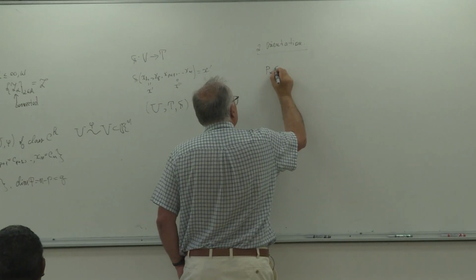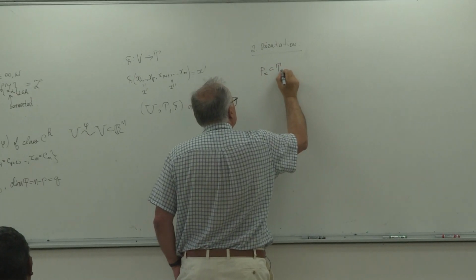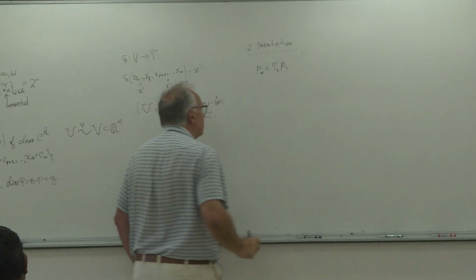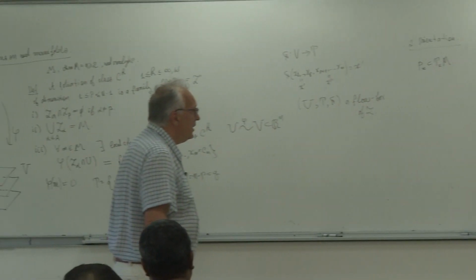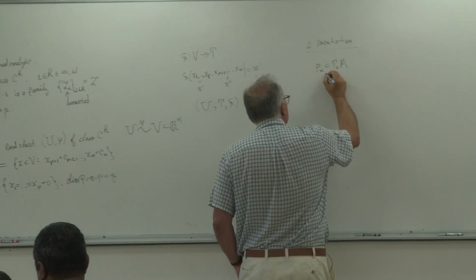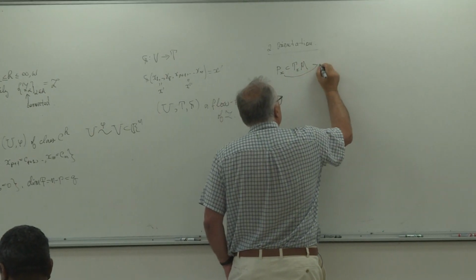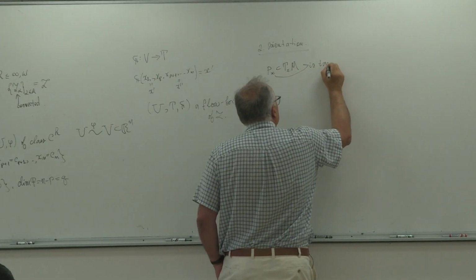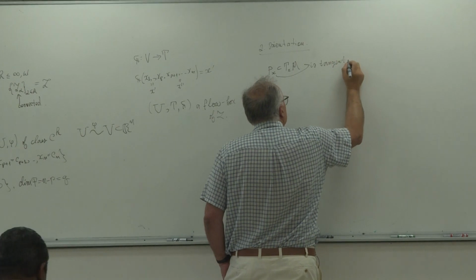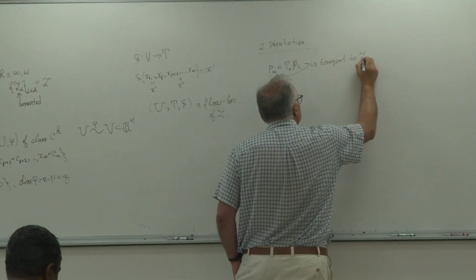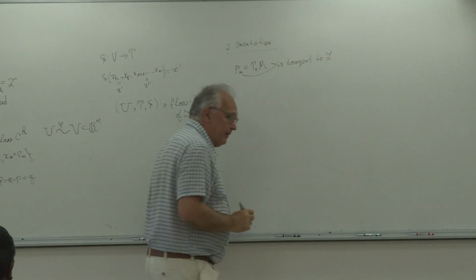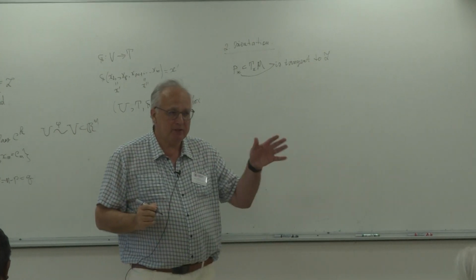P_x in the tangent space of a manifold at each point, and P_x is tangent to the leaf which passes through point x.